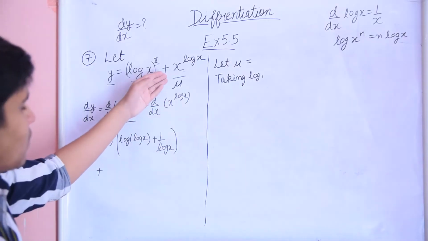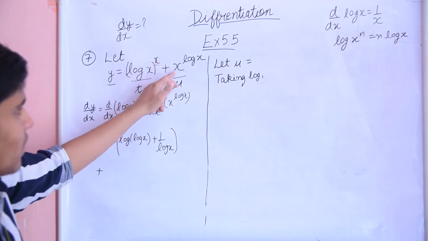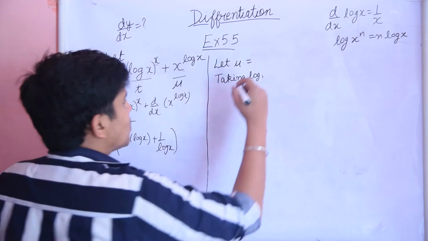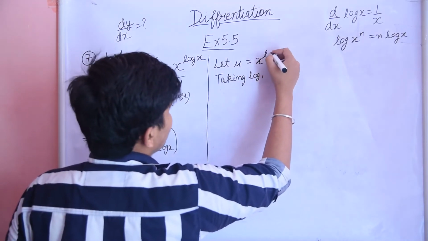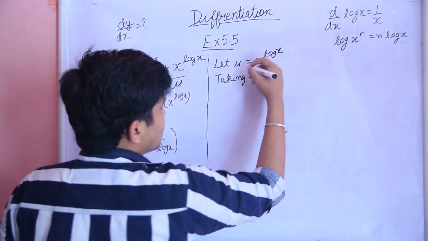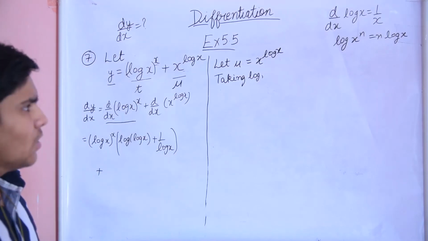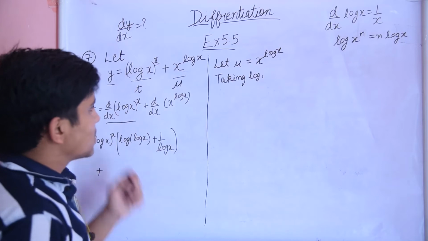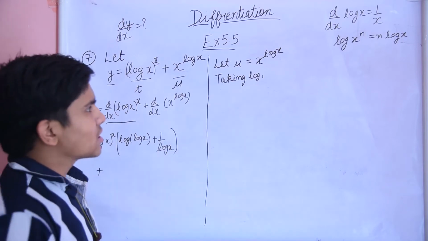So now we will be calculating the differentiation of x^(log x), letting it be u. So let u equal x^(log x), following the same steps as we did in the previous procedure, taking log on both sides.